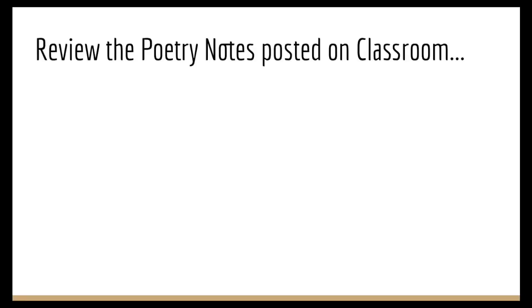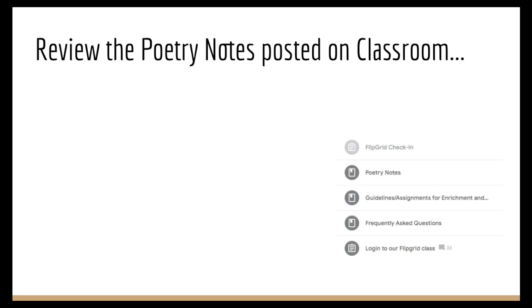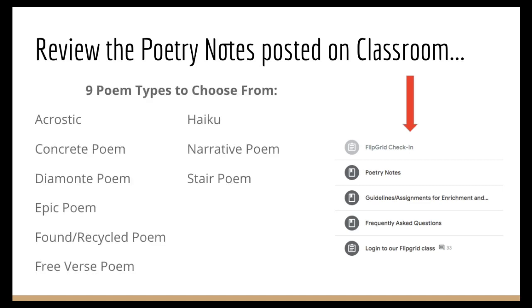You'll also want to review the poetry notes posted on Classroom in order to prepare for this project. Again, on the Classwork tab, it's up at the very top, titled Poetry Notes. Remember, there are 9 poem types to choose from, and you can identify the poem types by looking for the P in parentheses.